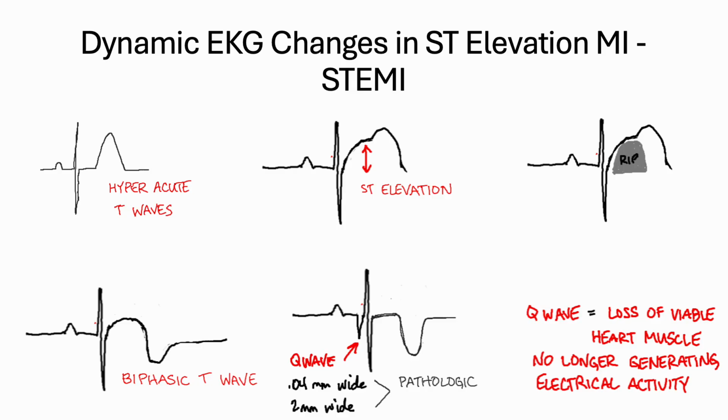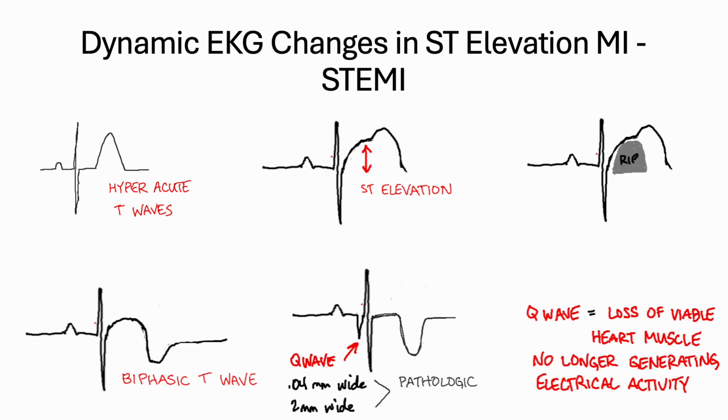Now let's go through the dynamic changes of an ST elevation MI in evolution. It starts with hyperacute T waves. The next thing you'll see over time is ST elevation.